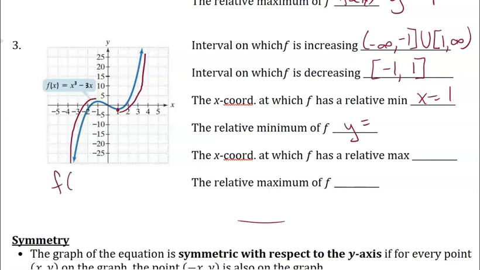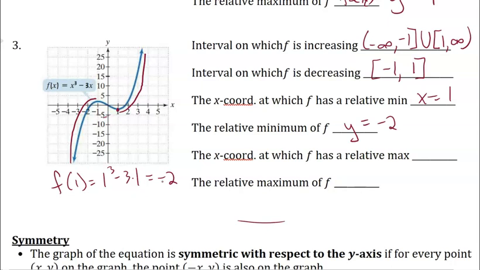So f of 1 would be 1 cubed minus 3 times 1, which is -2. And as I do that, I realize that the scale here is not by ones. So it does make sense that it is between here and here, because that would be all the way down at -5. All right, so -2.